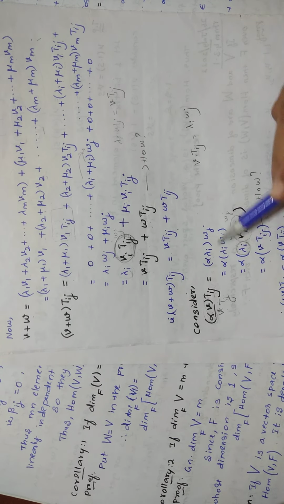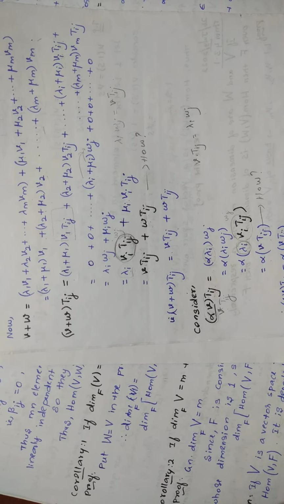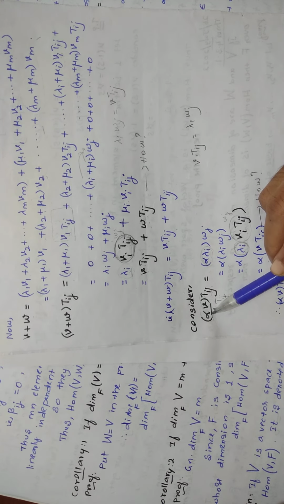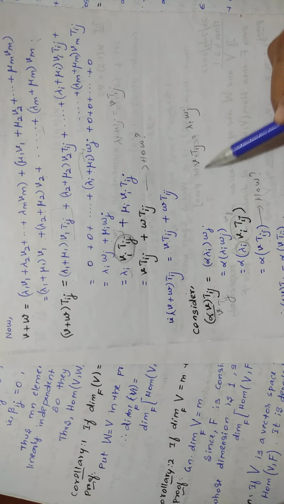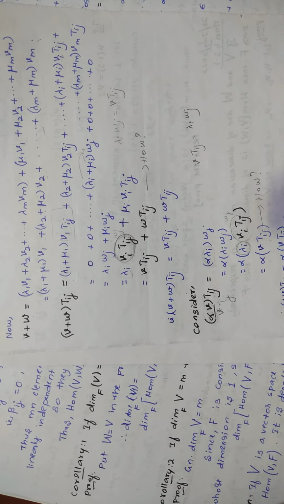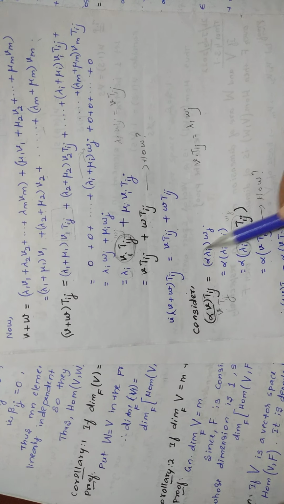In the place of lambda i, you are writing alpha lambda i, because here with this v, we have alpha. We could not leave this alpha alone. Because here you have alpha v, here you have only v. So if there is only v, then you put alpha lambda i wj. If here is alpha v, you put alpha with this lambda i. So that is how we are writing.